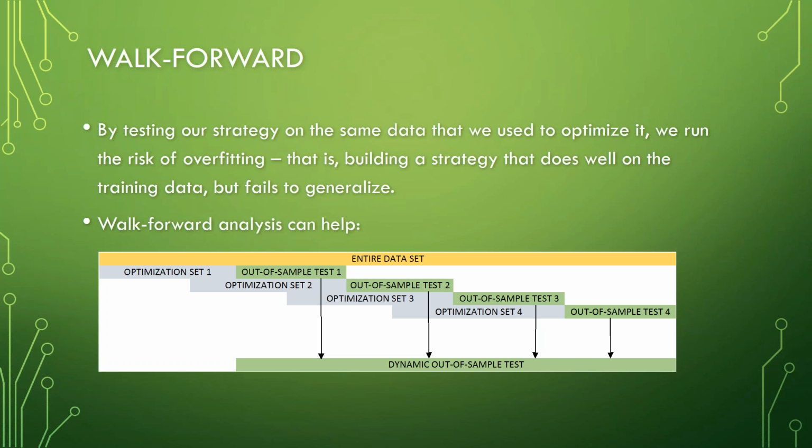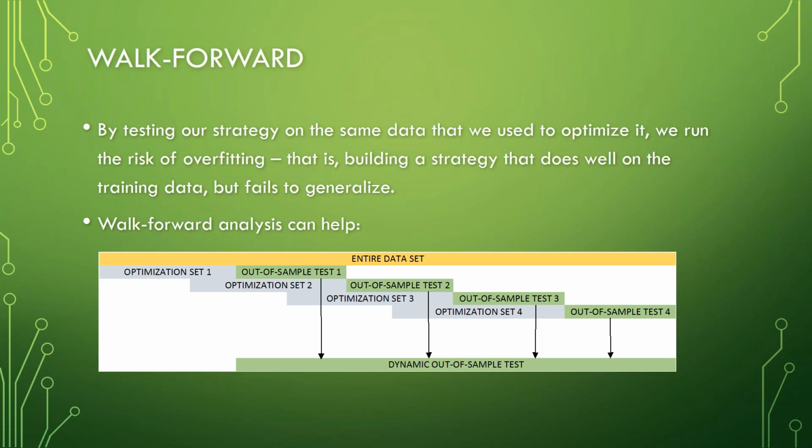and just like curve fitting, it can lead to some really poor decisions. There's a few ways to deal with that problem, but one of the ways involves getting a little bit more feedback by using WalkForward analysis. WalkForward is essentially a periodic re-optimization.